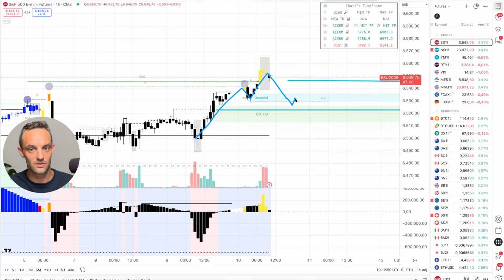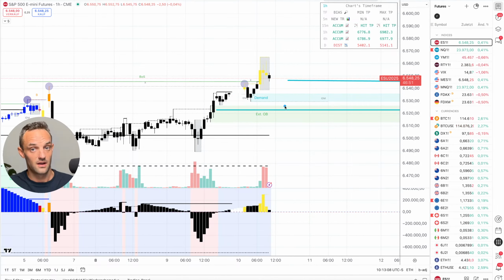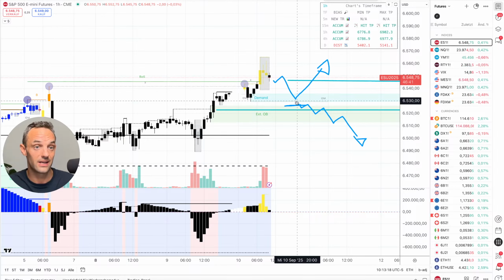It can touch the inducement level and still continue to the upside. This is all valid from this chart. Only if we go below the inducement levels and sellers are really pushing, then we might see a short trade on the bigger time frame.